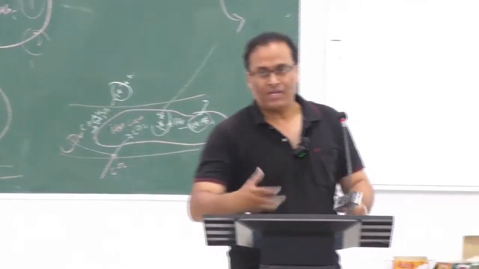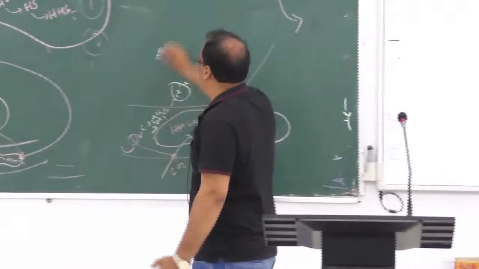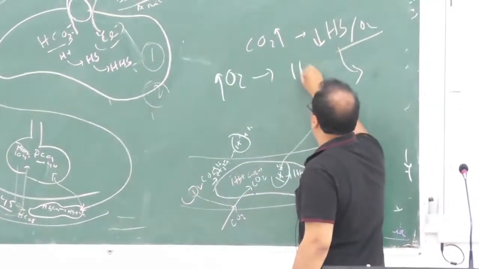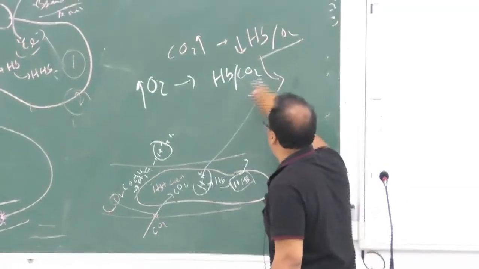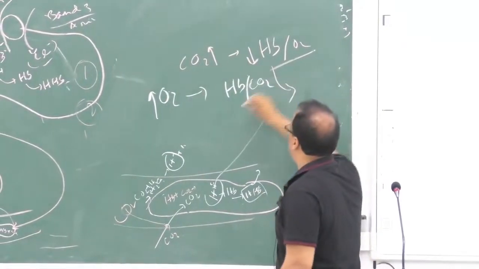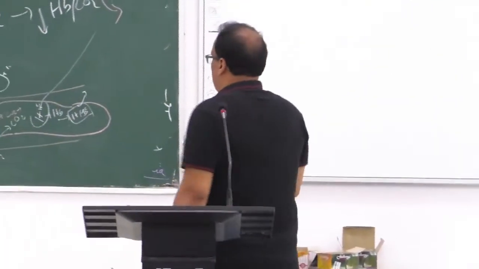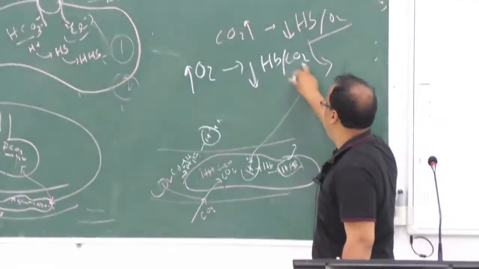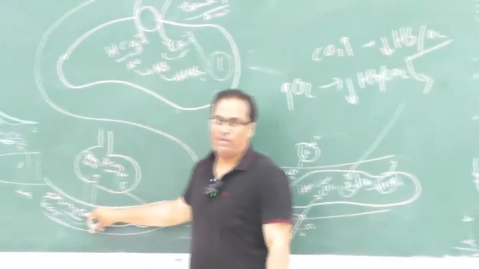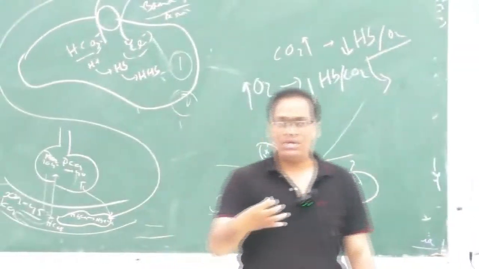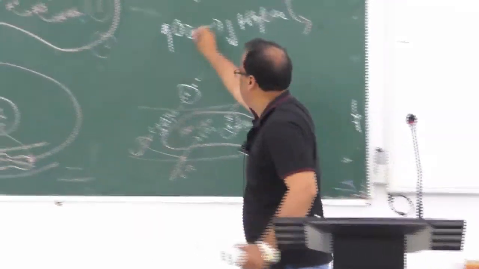And what does the Haldane effect mean? It is just the opposite. What is the opposite? If oxygen is more, then the association of hemoglobin and carbon dioxide will be less, a reduction. This is also very beneficial. If my oxygen is higher here, then hemoglobin and carbon dioxide will dissociate, and here oxygen is coming from the alveoli to the vessels. What vessels? Pulmonary vessels, pulmonary capillaries. So oxygen is increasing here.